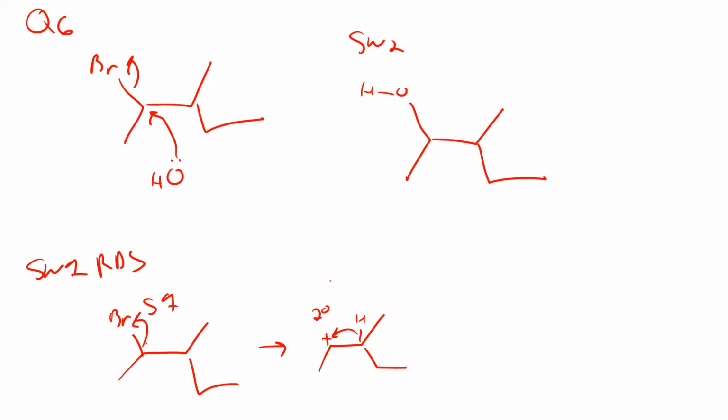So if we do a 1,2 hydride shift, then we're going to create a tertiary carbocation. Now we have a tertiary carbocation here. Now the OH group can come in, and you get your compound. This is your SN1.